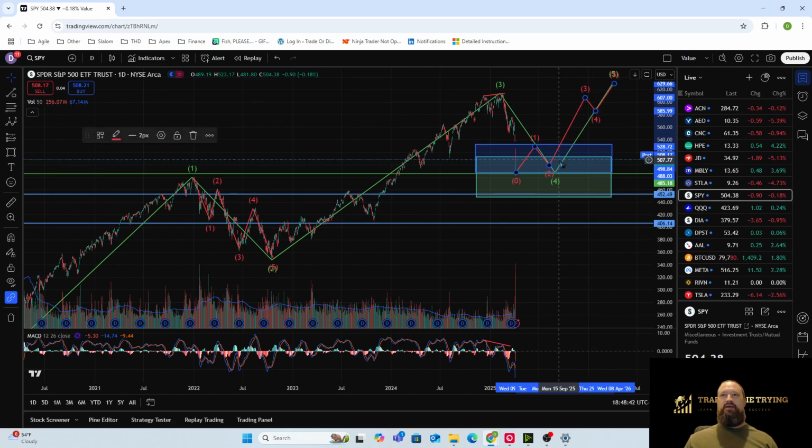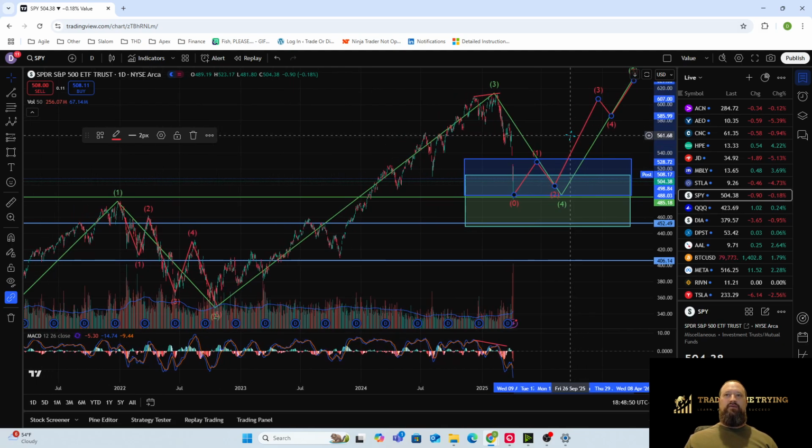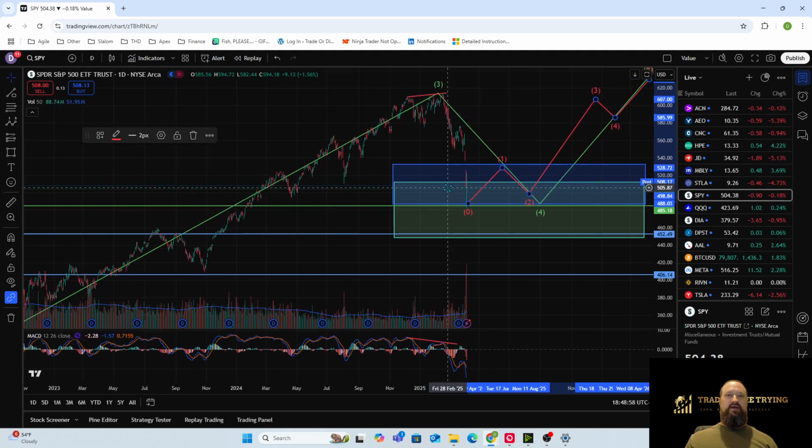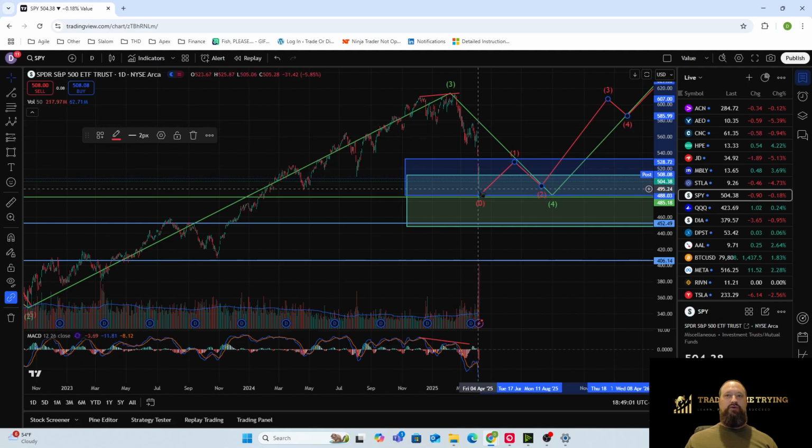I think there is a case to make to say that we could have wave 5 go a little bit higher than wave 3. But again, with everything going on politically and geopolitically, we could go sideways for a while. Who knows? I think there is a case to say that a lot of this sell-off could be over. But again, there's some other levels down here that you could be taking a look at if it breaks this.